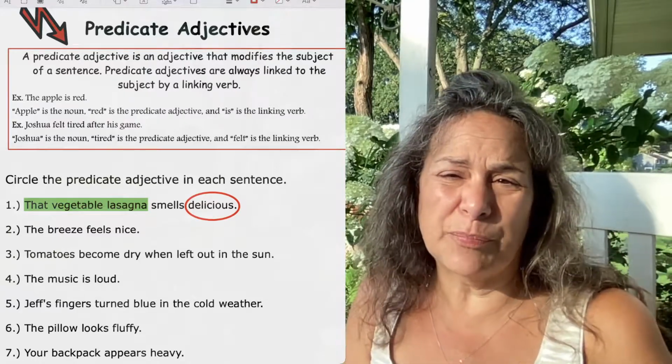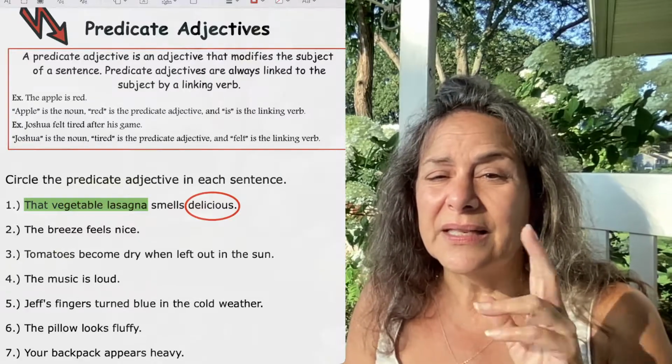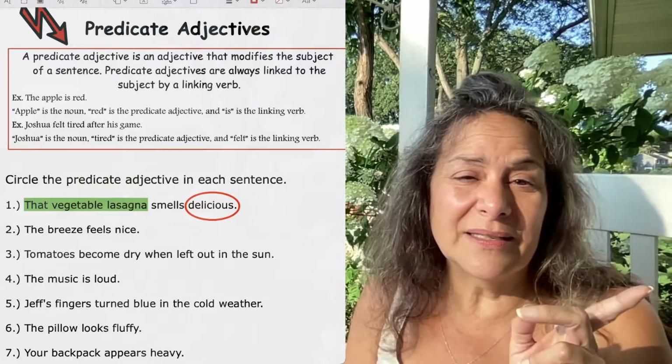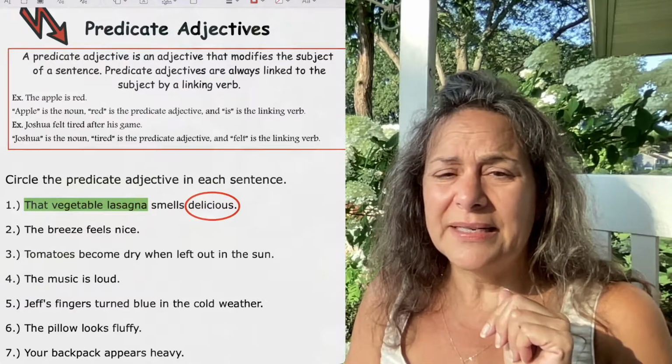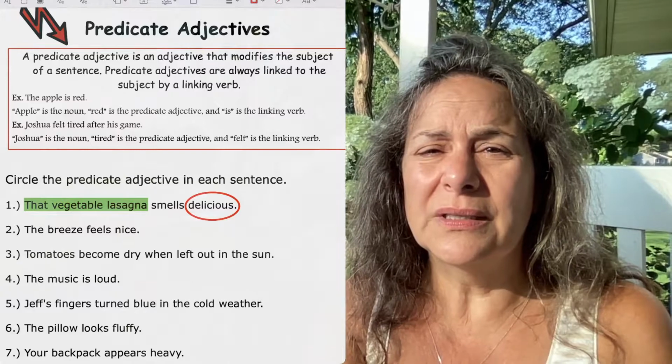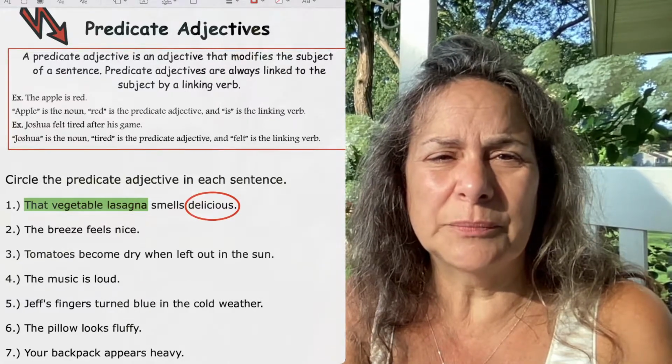So here we've got the predicate. The complete predicate: smells delicious. The linking verb that links the lasagna to the adjective is smells, right? So here is our linking verb. I'm going to underline our linking verb.